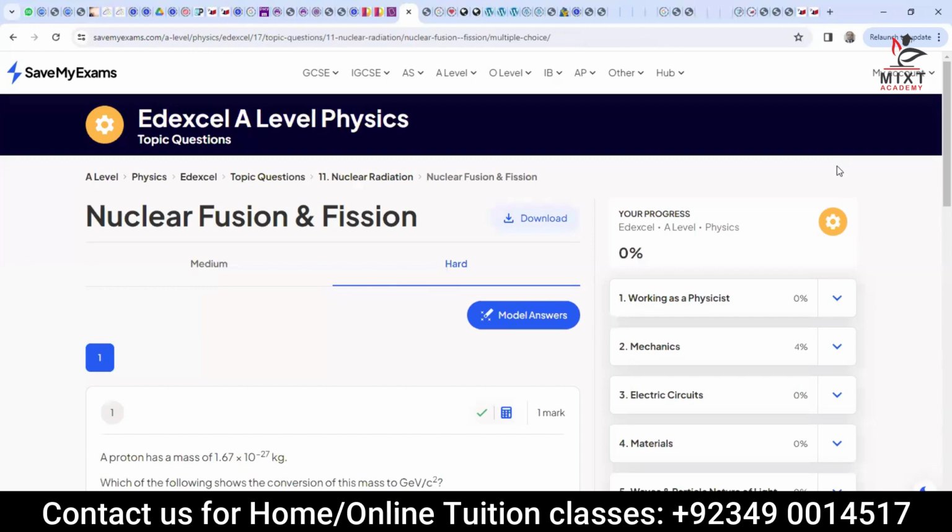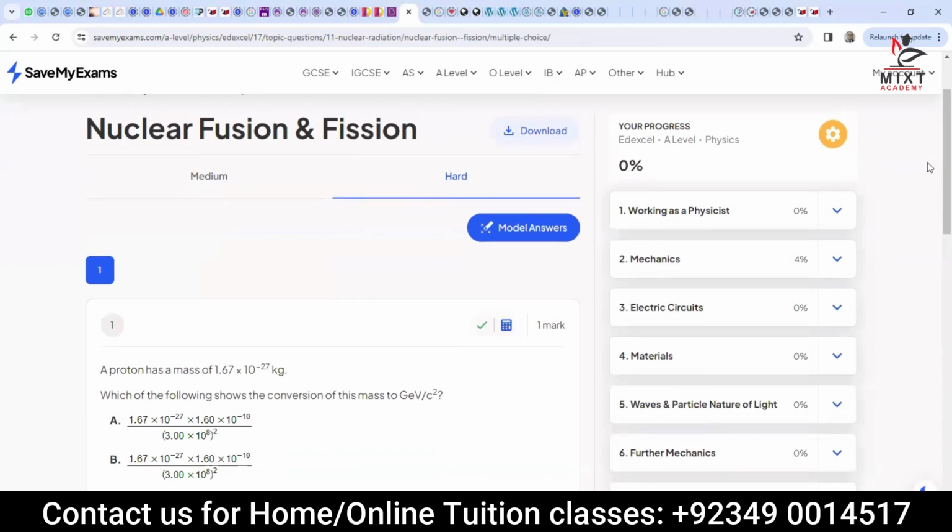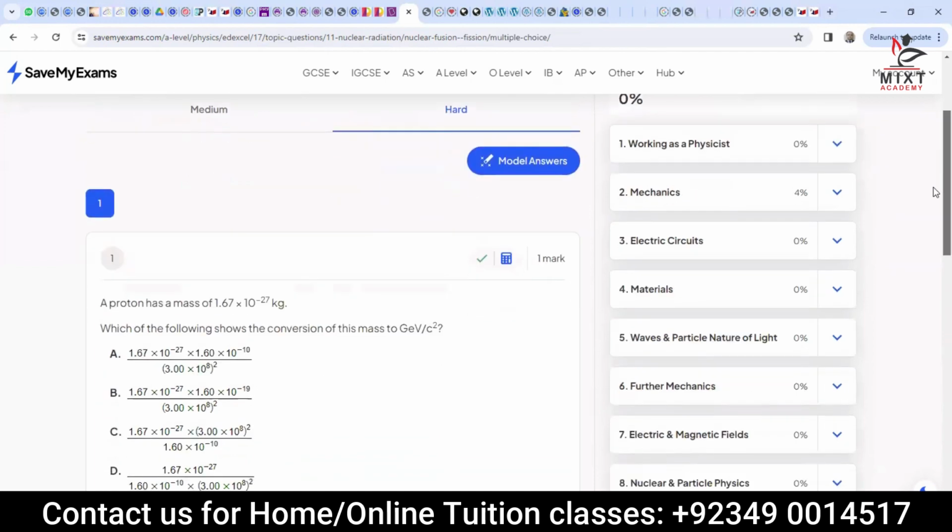A proton has a mass of 1.67 into 10 raised to the power minus 27 kg. Which of the following shows the conversion of this mass to GeV per c squared? What is this GeV per c squared?